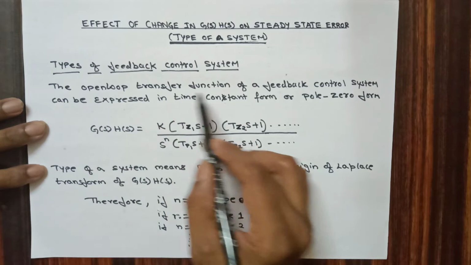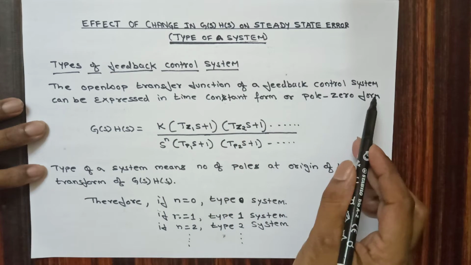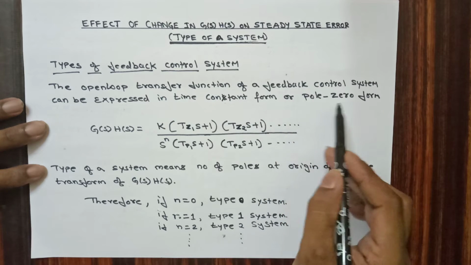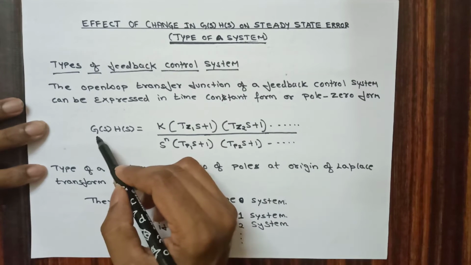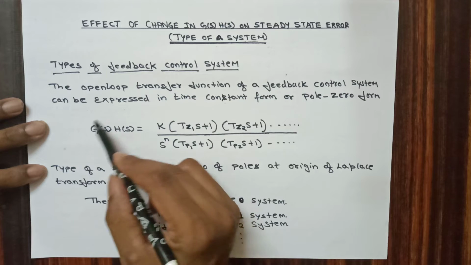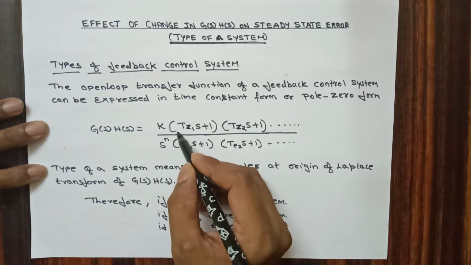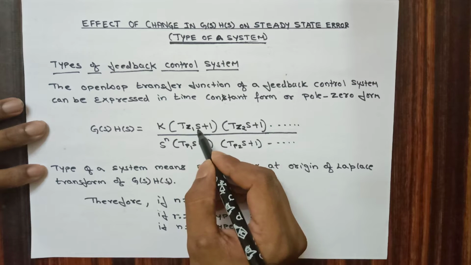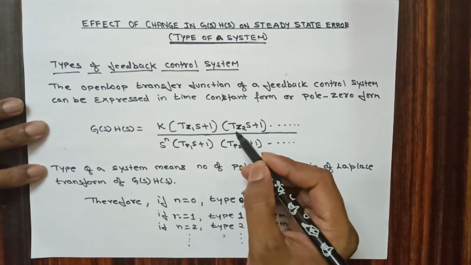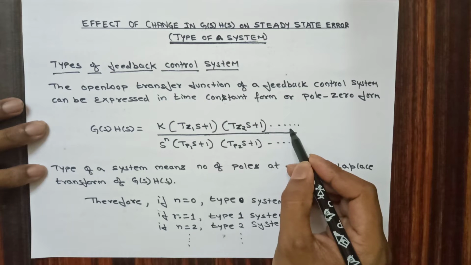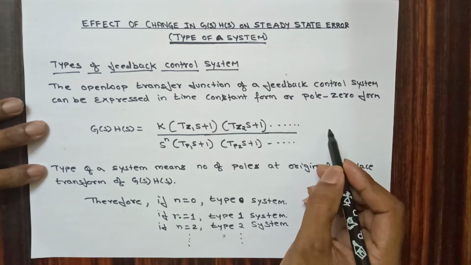The open loop transfer function of a feedback control system can be expressed in time constant form or pole zero form, that is, G(s)H(s) equals gain K into the zero term (Tz1 s plus 1), the second zero term (Tz2 s plus 1). In this way, more terms can be considered depending upon the system.